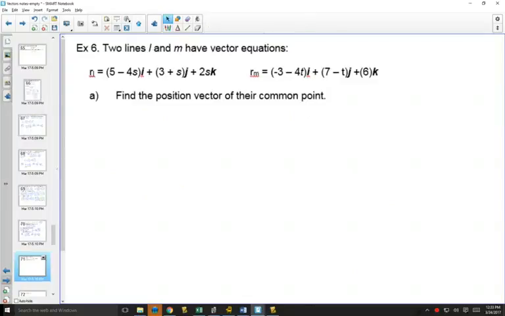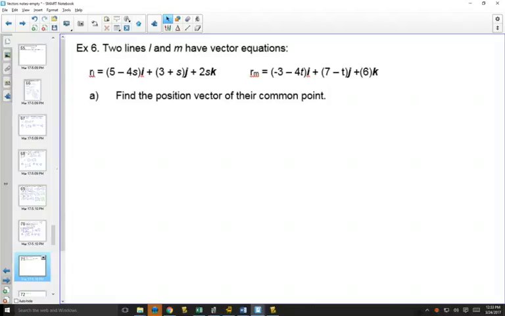Question number 6 is a very typical 7-mark vector question. We get two equations of lines. We have two different scalars because they're two equations, so we've got s and t. We want to find the position vector of their common point.